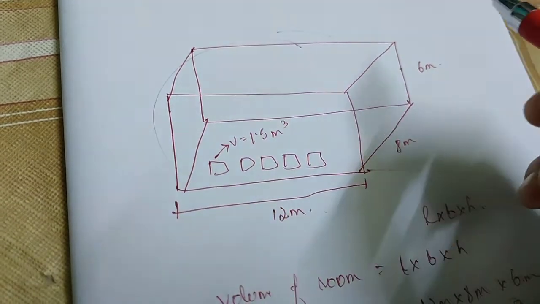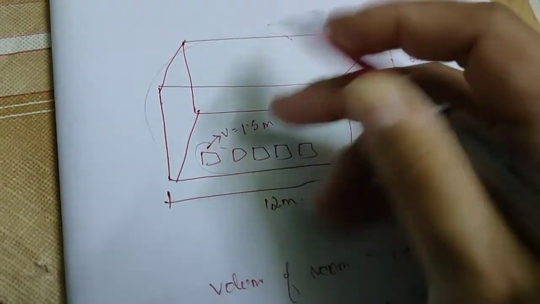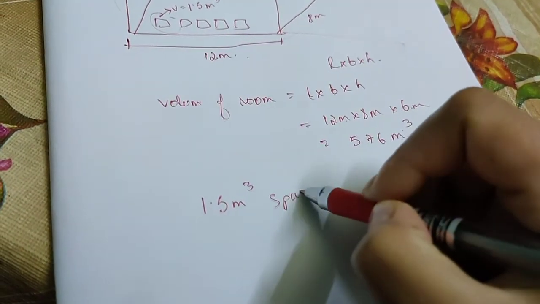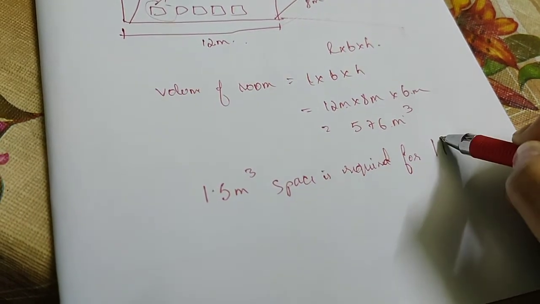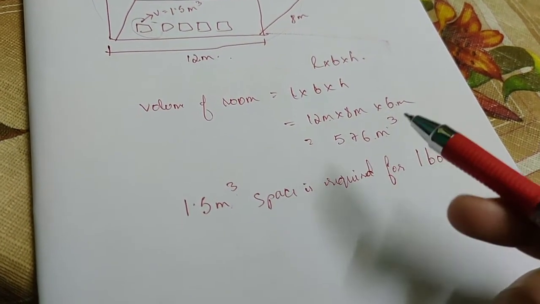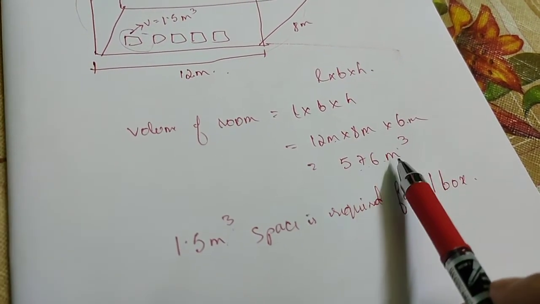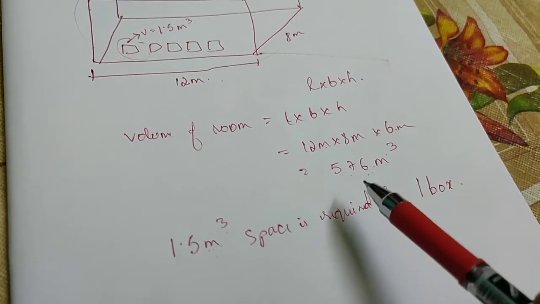So it is taking 1.5 meter cube of space of this whole room. The volume of one box is 1.5 meter cube. So we have to find out, for this volume of the room, how many boxes are required. Like this, how many boxes can we fit into this volume of the room?